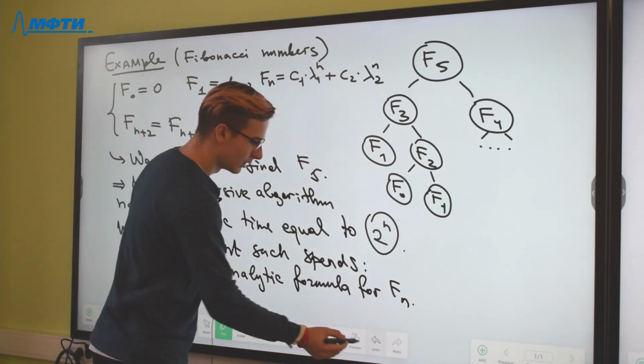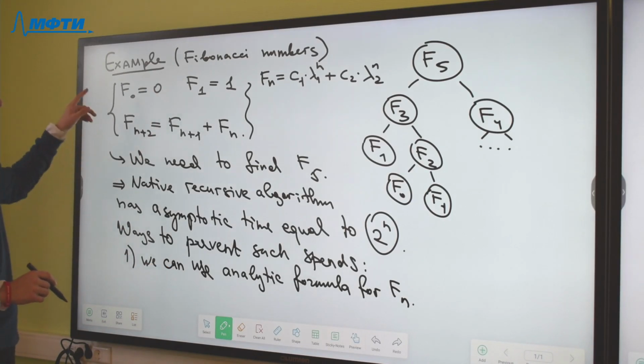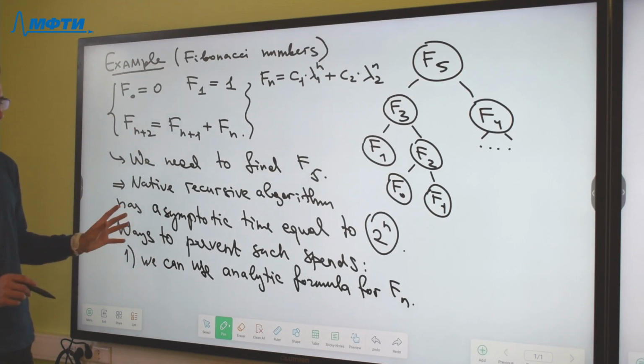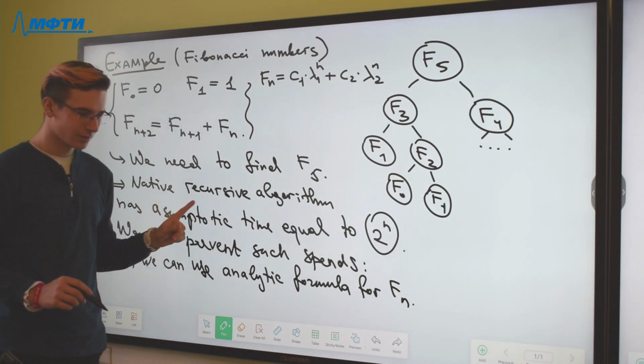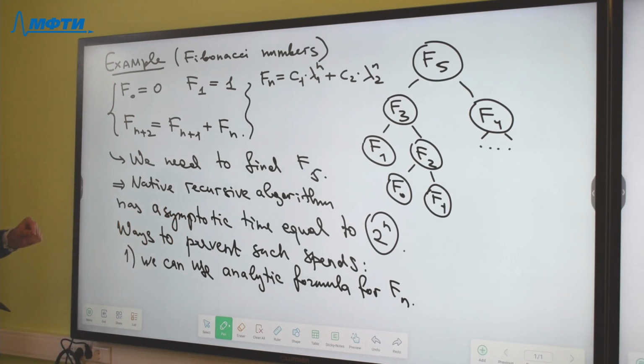So of course we can use this way to solve this task for Fibonacci numbers, but in the general case this way will be too complicated compared to the naive way.